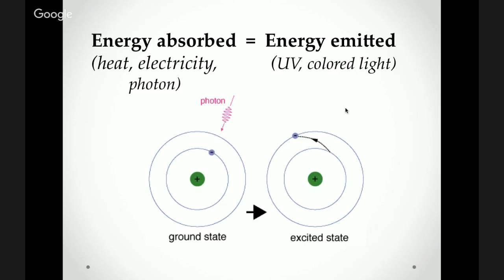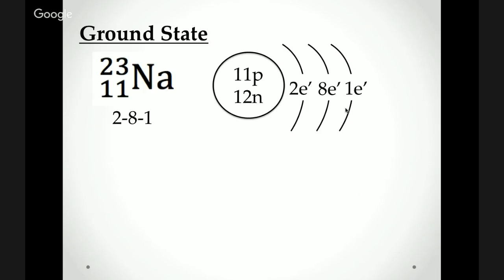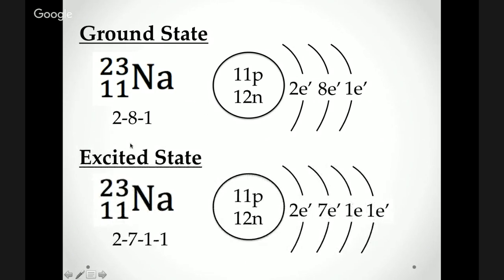Okay, so let's continue here. So here's ground state. Again, we're looking at our Bohr model and our electron configuration. Notice this is how it is normally going to be seen: 2, 8, and 1. Now, if we look at the excited state for the same atom, notice one electron left here and jumped to a higher level.